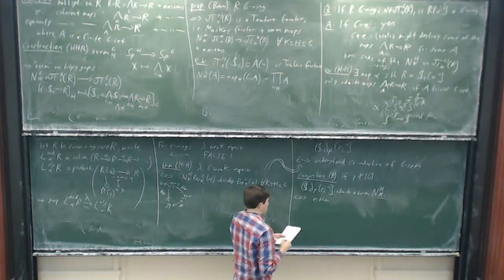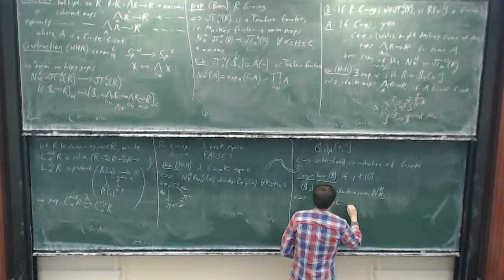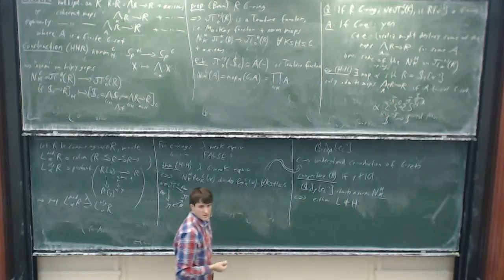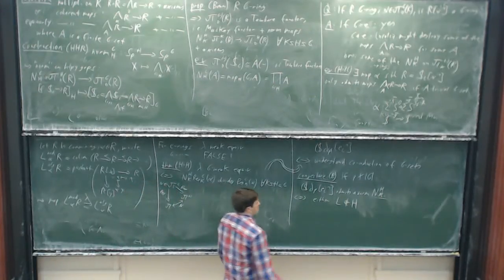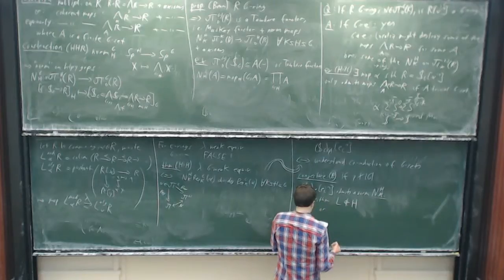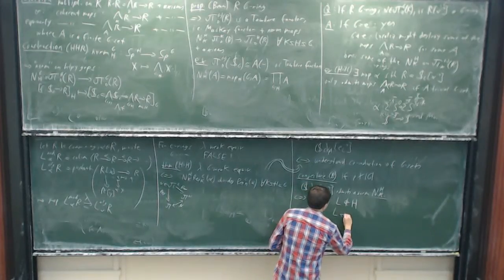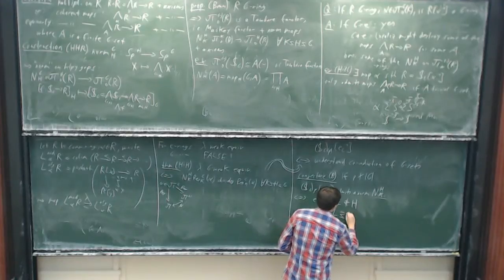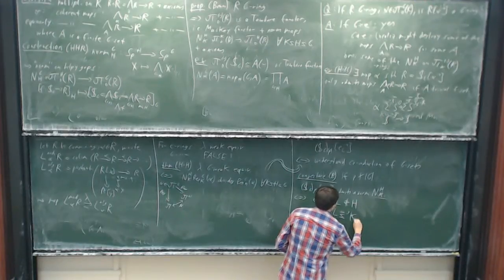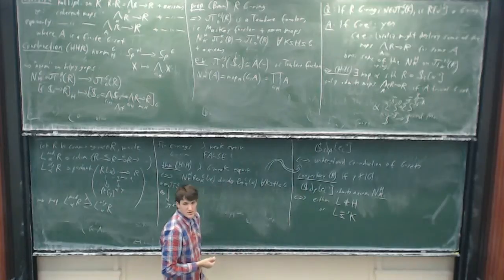Either L is not subconjugate to H in G. Remember, L is the subgroup that gives the idempotent. Or L is actually a subgroup of all the G-conjugates of K.